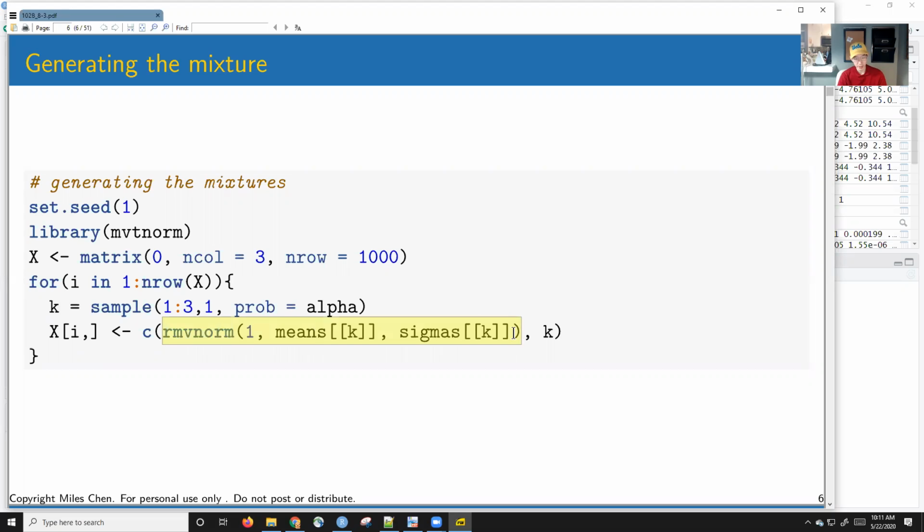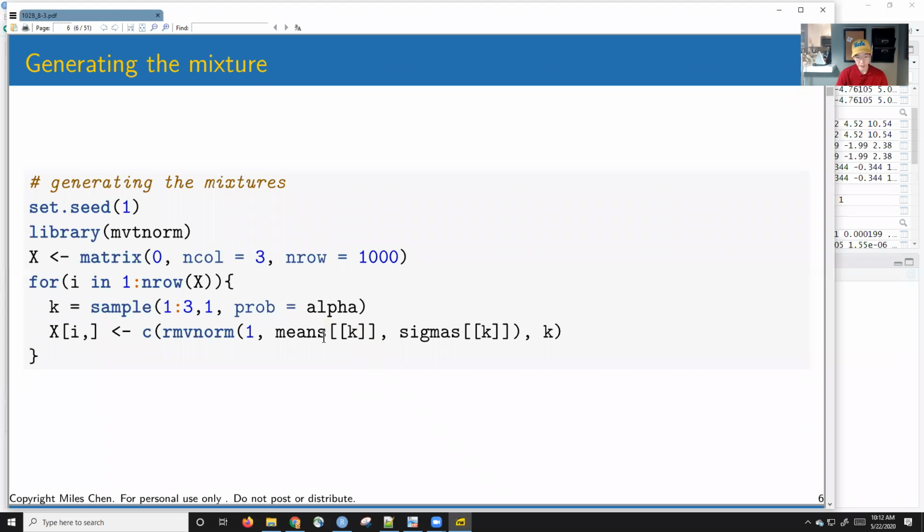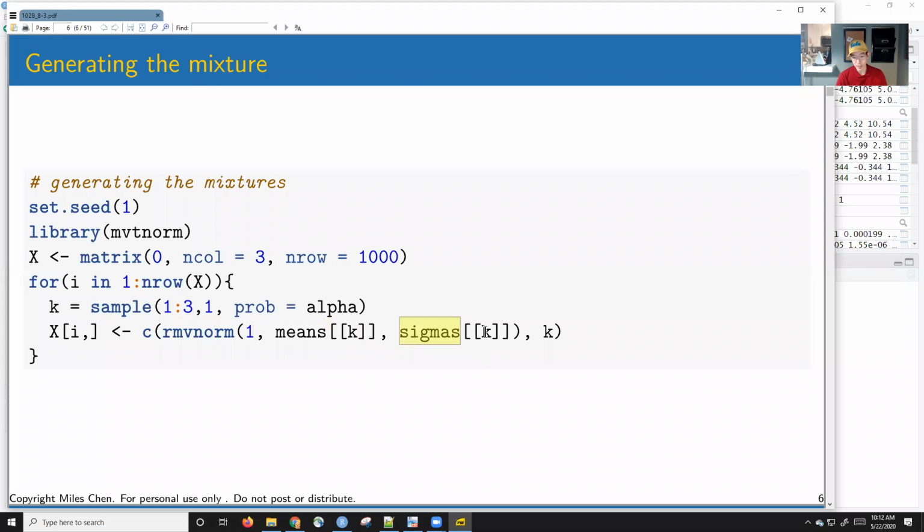and this will generate a length 2 vector coming from the multivariate norm, and this multivariate normal will have the mean that's either mean 1, mean 2, or mean 3. It's going to take either component 1, 2, or 3 from this list using means double bracket k, and it'll use the matrix that's held in this list, sigma double bracket k.